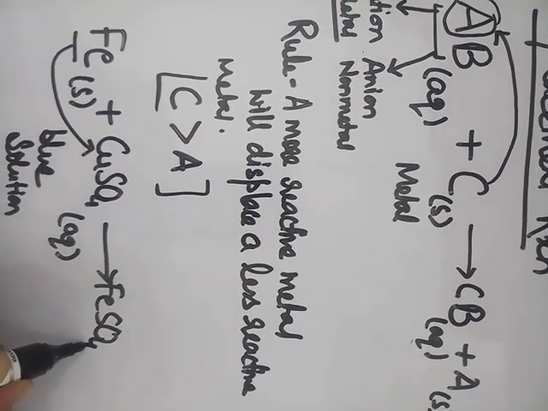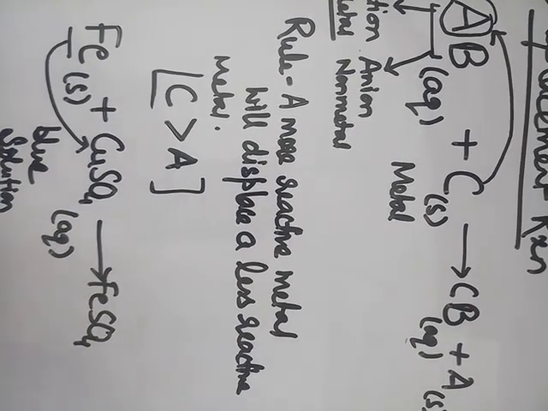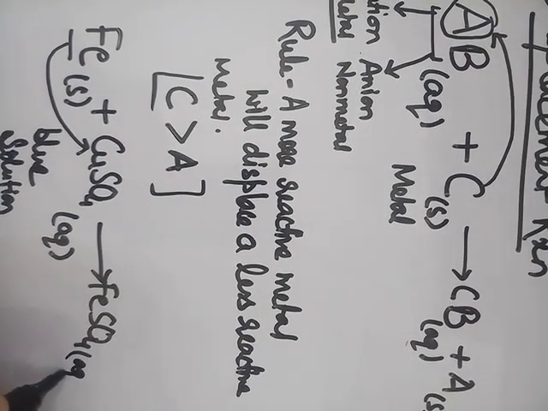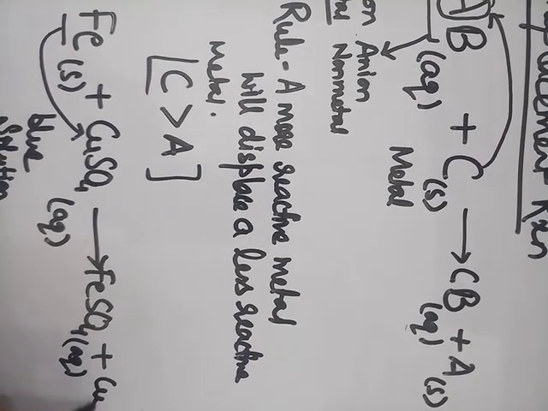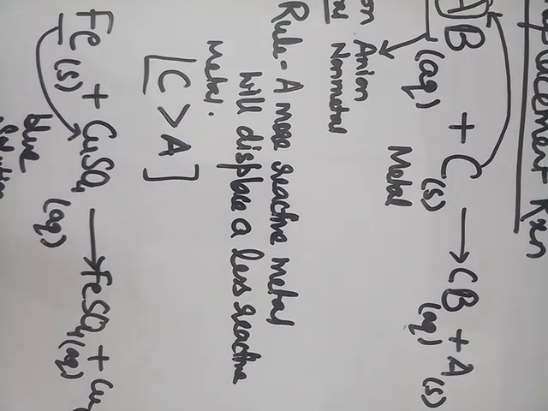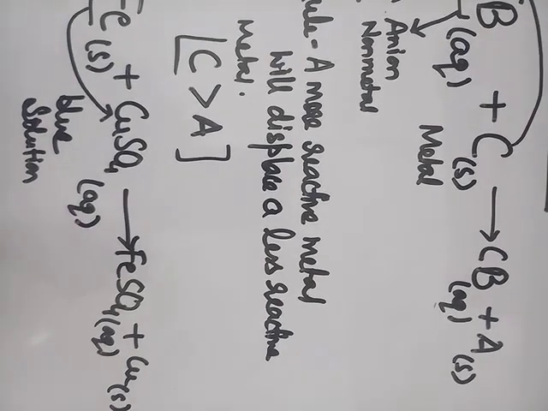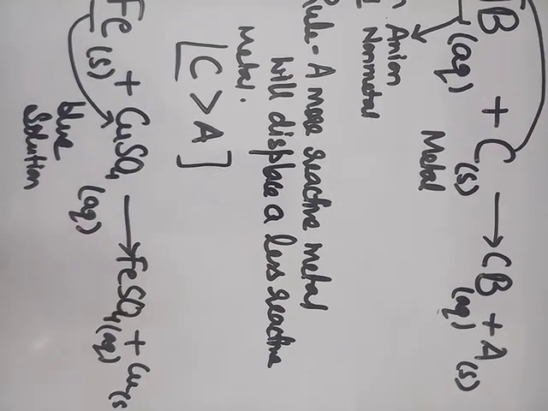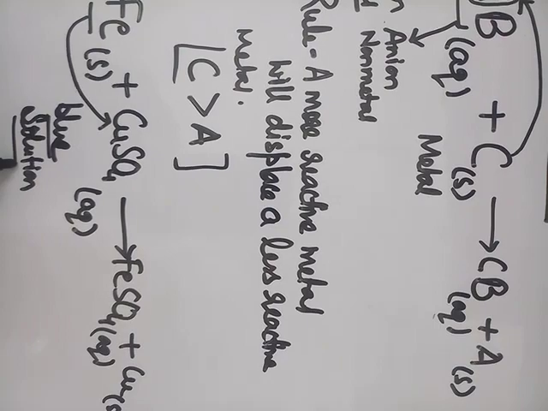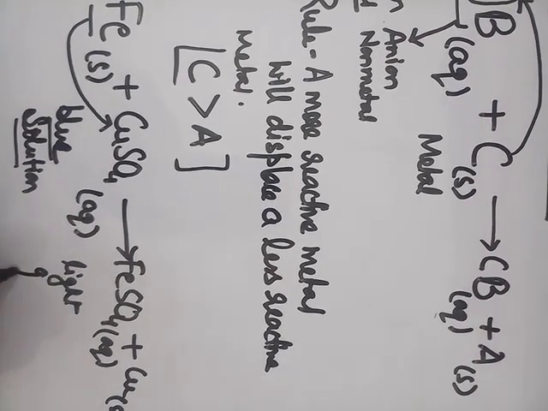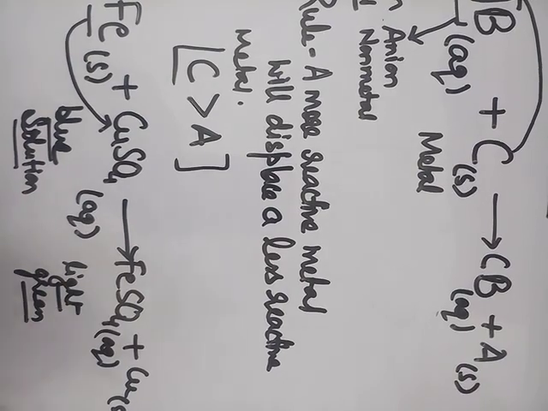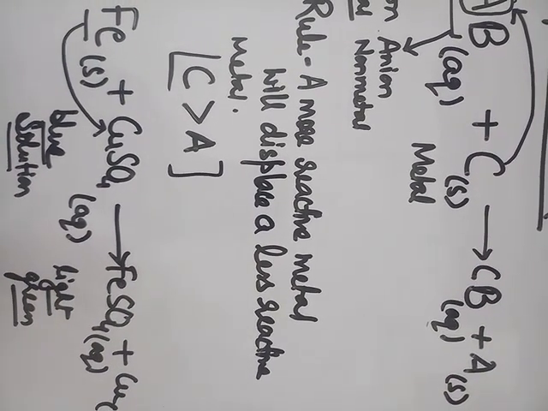So we are getting FeSO4. You can see a metal is displacing another metal in the aqueous form, and plus we are getting copper solid. Now the solution which was of blue color turns into light green. So there is a prominent change in the color of the solution.